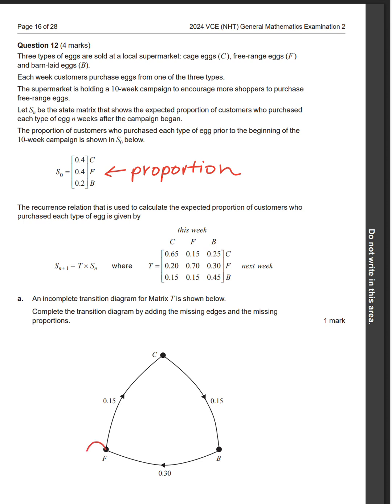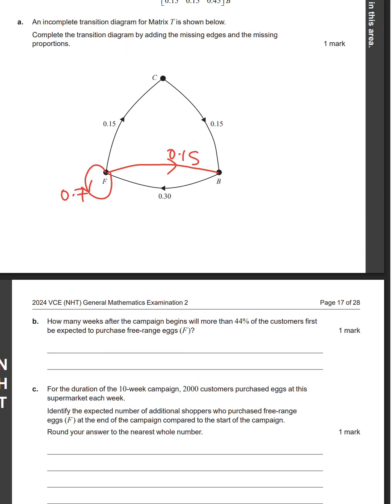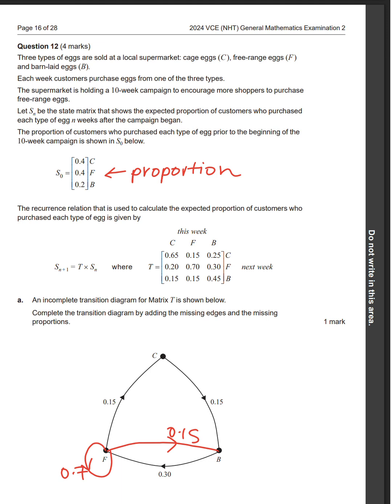All right, so let's do F to F. And F to F is 0.7. We then have F to C, but we don't have F to B. So F to B is 0.15. Okay. Next, we then have C to F. C to F is 0.2.